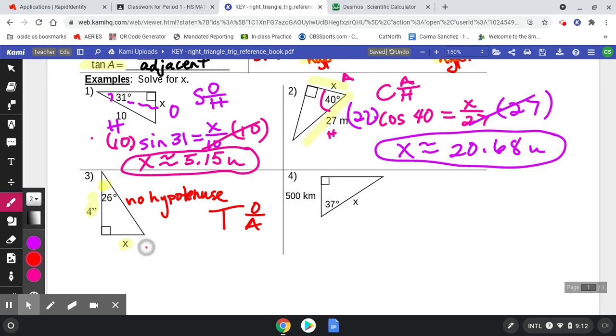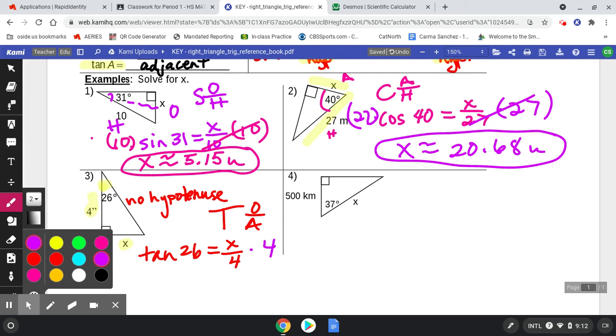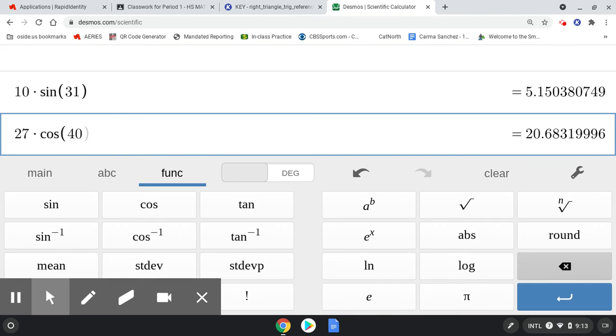So here I go setting up my ratio this time in terms of tangent of my reference angle, 26 degrees, is equal to the opposite over the adjacent. How do I solve for x? I've got to get rid of that denominator by multiplying by 4 to both sides. And then I plug into the calculator 4 times the tangent of 26.